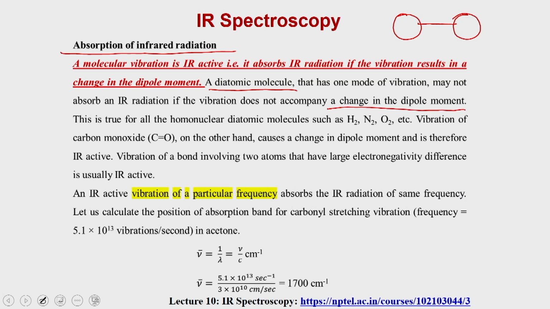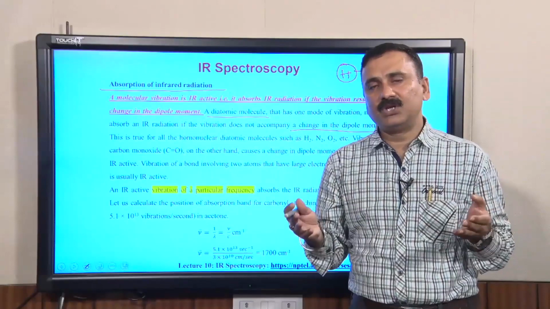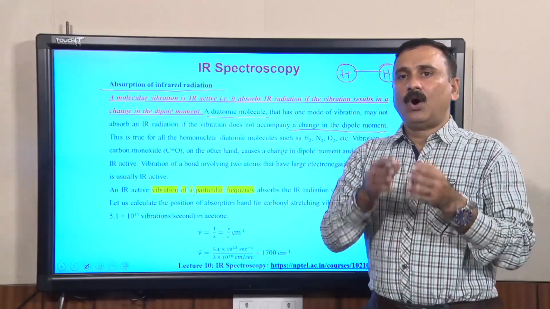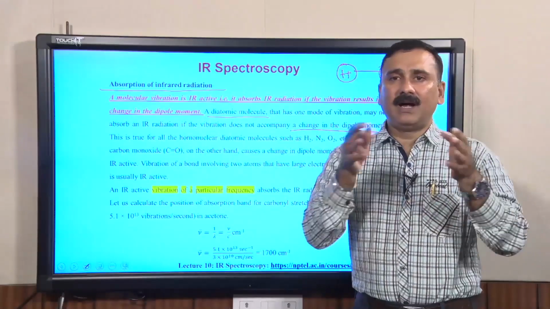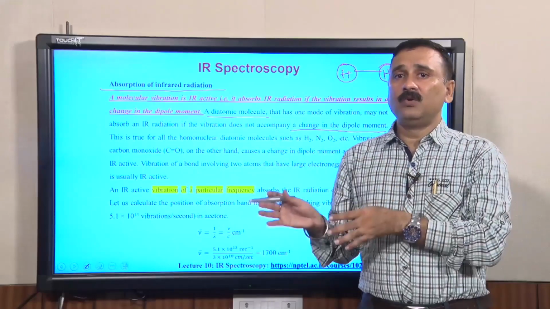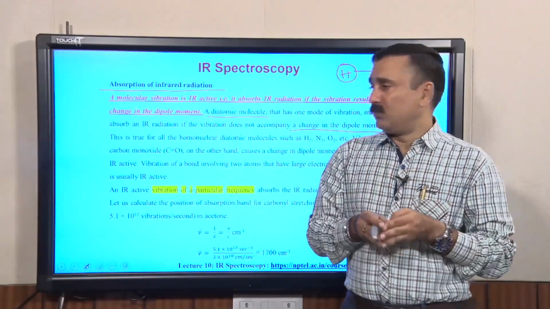For example, if you have hydrogen and hydrogen, the two atoms bonding to each other by a single bond, but both the atoms are identical, even if they vibrate, there will be no change in the dipole moment, and that is why even if they are diatomic and connected through a bond, they are not going to be IR active, because they are not showing any change in dipole moment.